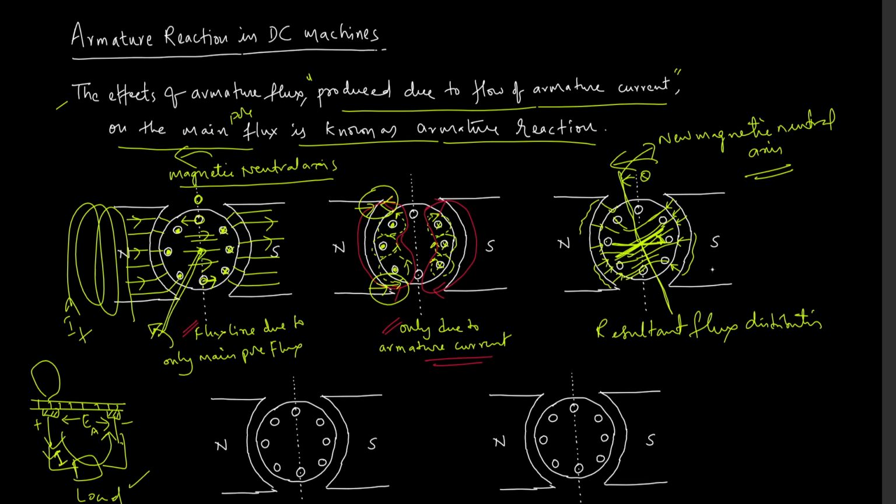So there will be more shift in the angle. As the loading increases, the shifting of the magnetic neutral axis increases. So this is not fixed. This magnetic neutral axis keeps changing with the change in loading of the machine. So that is the main problem for setting up the brush positions on the commutator.